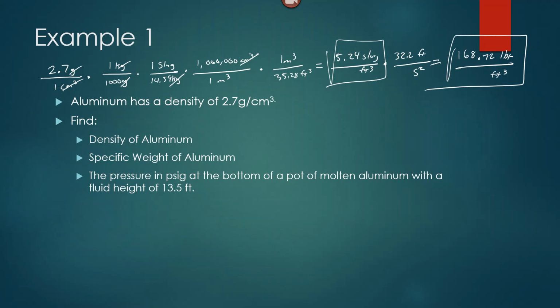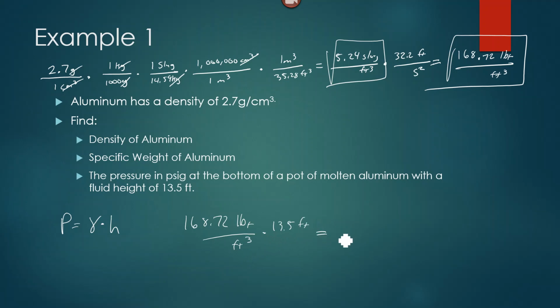So now the next thing to do is to find the pressure in PSIG at the bottom of a pot of molten aluminum with a height of 13.5 feet. So we have pressure equals specific weight times height. So we have 168.72 pounds force per foot cubed, and we're going to times this by 13.5 feet.